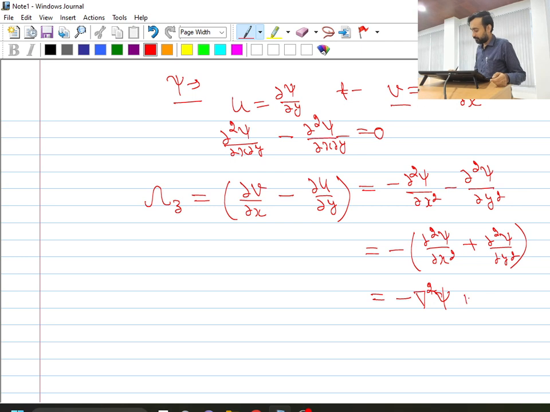Of course, I must put k cap over here because I am only talking about the z component. So the vorticity field also we were able to write very precisely in the form of the stream function.